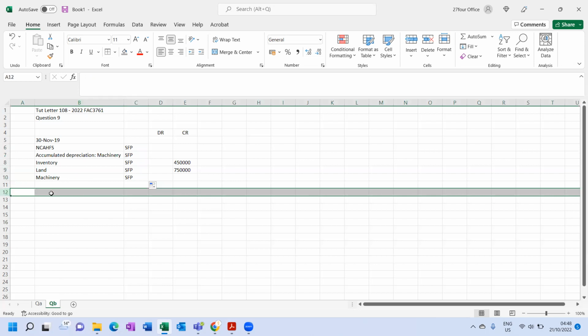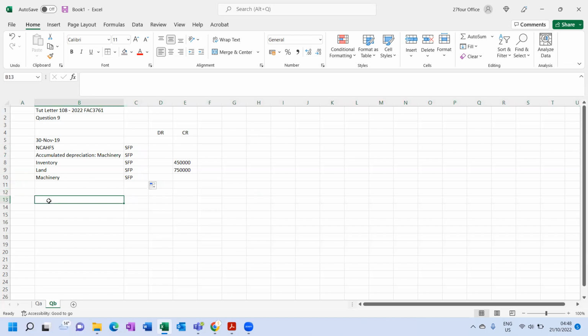So we have to work out what the accumulated depreciation is. Under workings, what do we need? We need accumulated depreciation. First we know the cost price, and we know the carrying amount at 1 March 2019.